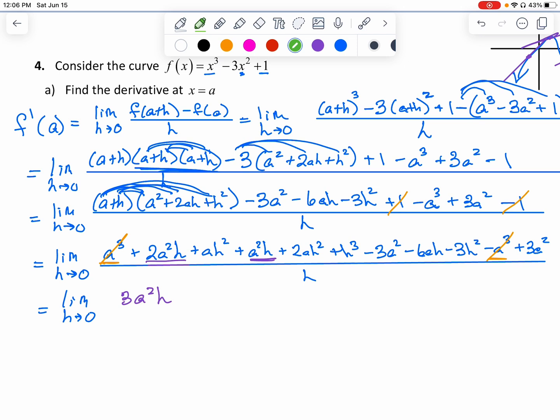And then next I have a h squared. And then I have a plus 2a h squared. So those also don't cancel, but that's okay because they have an h in them. So I'll just combine those like terms and write that down. Next I have the h cubed, only one of those.